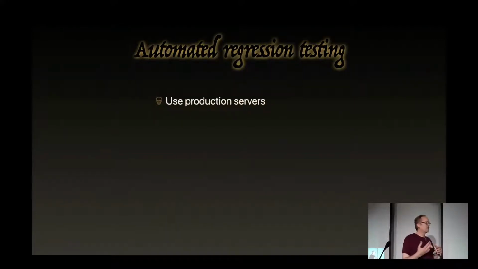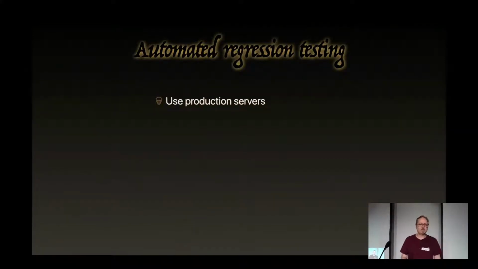The first option that I have actually seen companies do when they do their regression testing is they do it against their live production servers, which is great from the point of view that the thing's already there, but from a testing point of view, it's not so good because obviously the data's constantly moving. And you've got issues like, what you want to test might not be in production yet, your new feature won't be there. So there's issues addressing that.